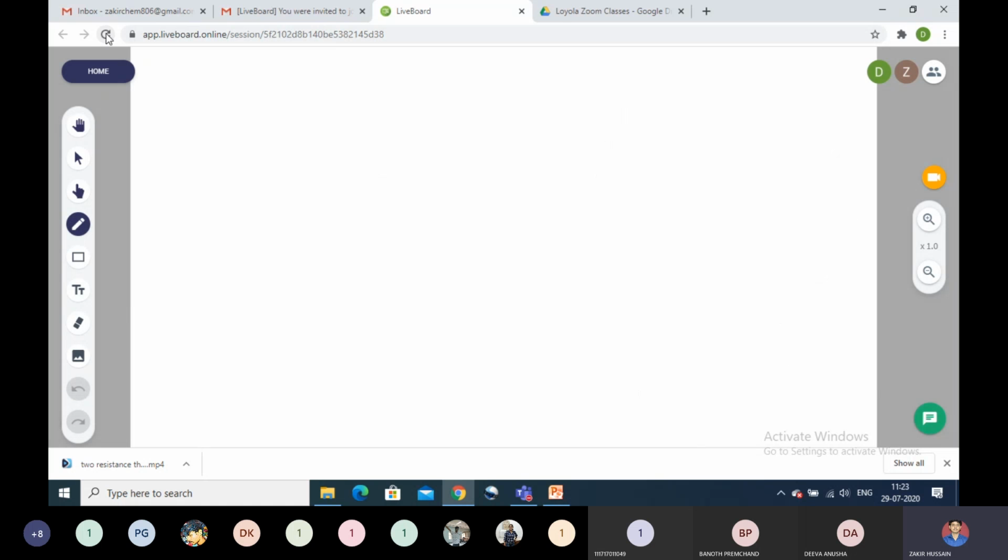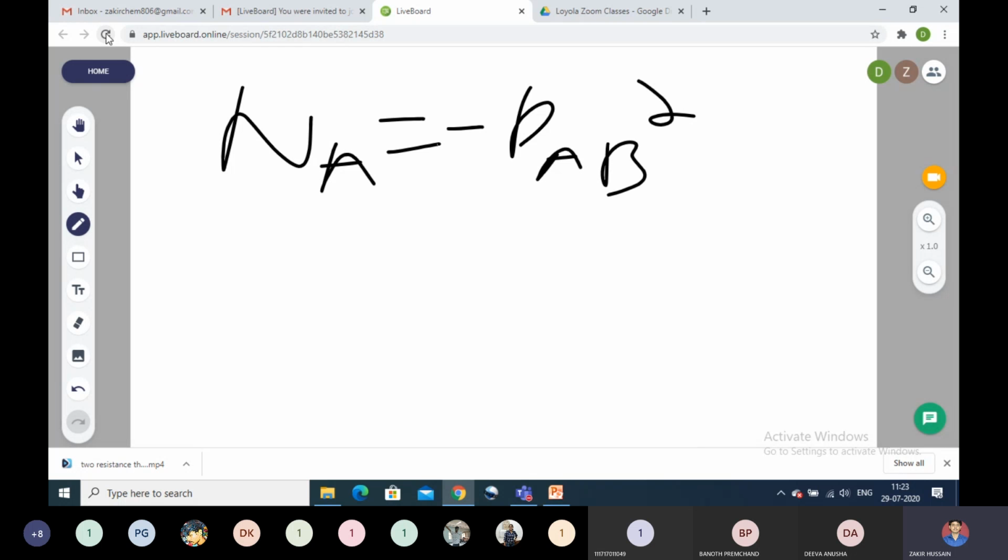Similarly for the gas phase, we already know NA is equal to minus DAB dou CA by dou Z. Instead of CA, we substitute for gases PA by RT.